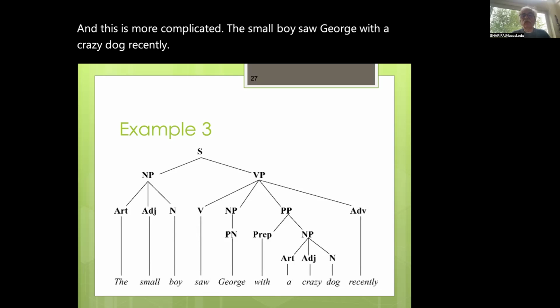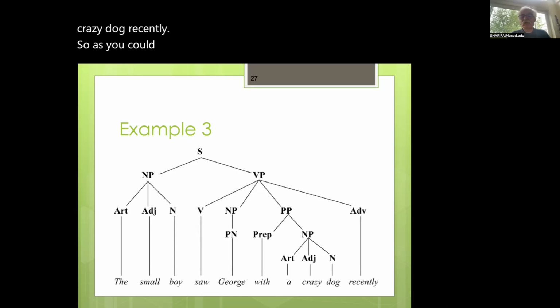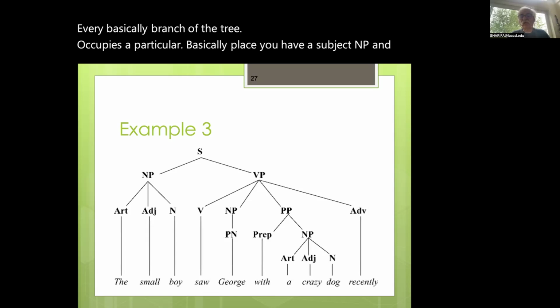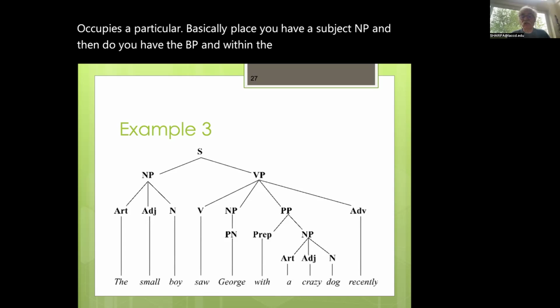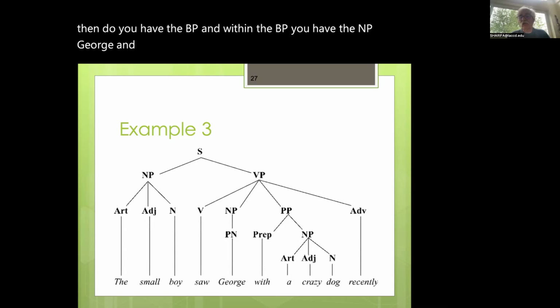So as you could see, every branch of the tree occupies a particular place. You have a subject, NP, and then you have the VP, and within the VP, you have the NP, George, and then PP, which is a prepositional phrase, and recently, which is an adverb.